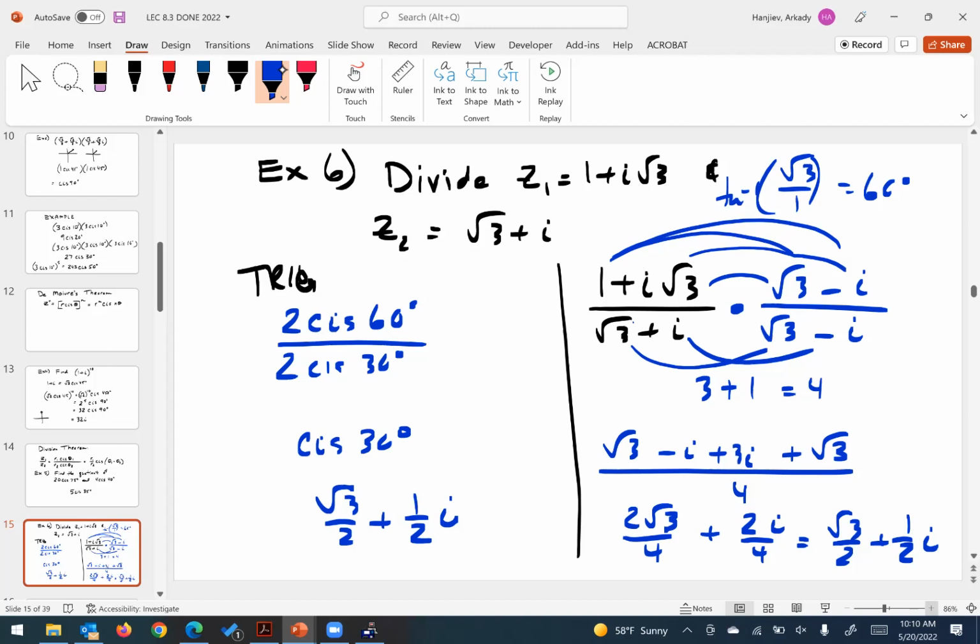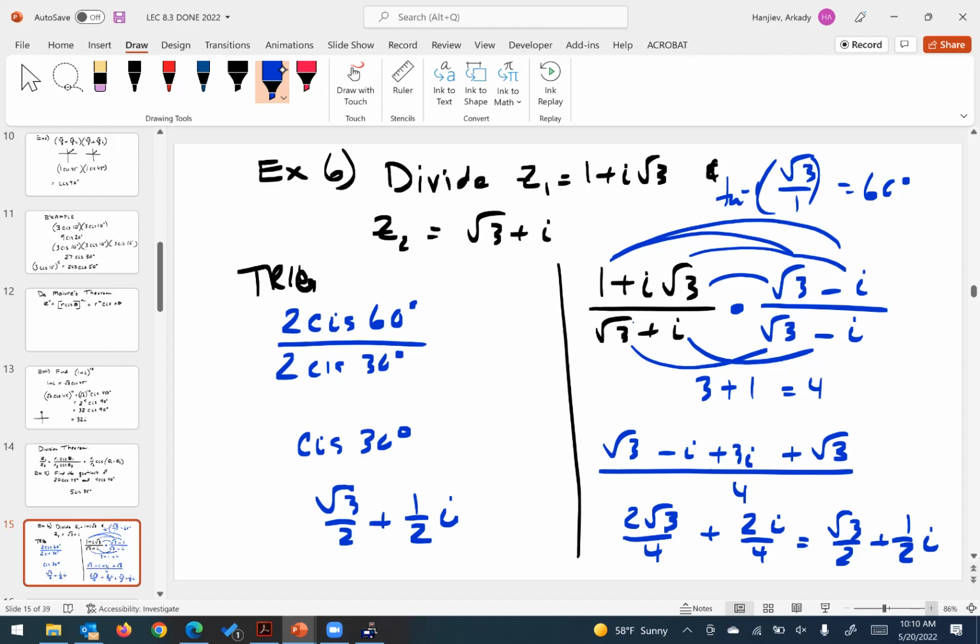Wait, you're just adding them? Sorry, guys. So you just do the difference of squares on the bottom. It's like rationalizing any denominator, because I in this case just functions as a variable until you have I squared.